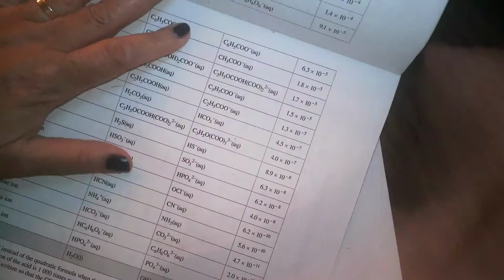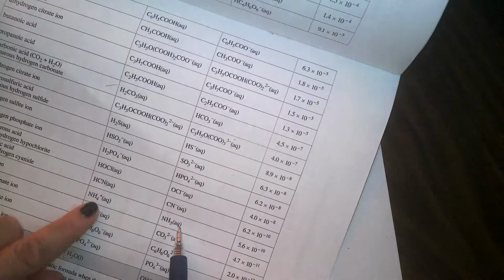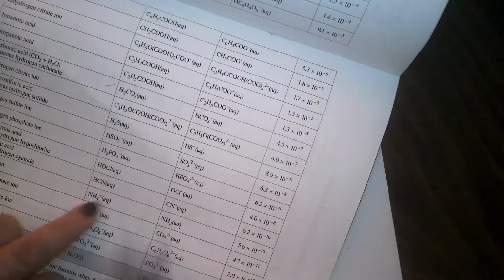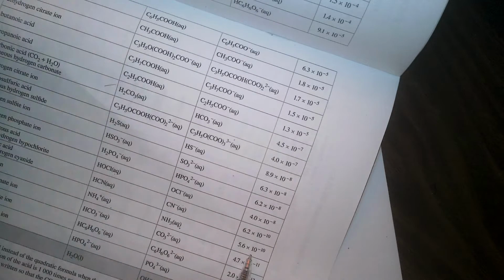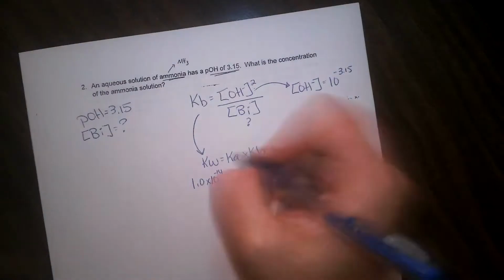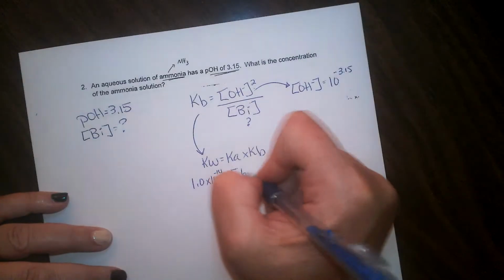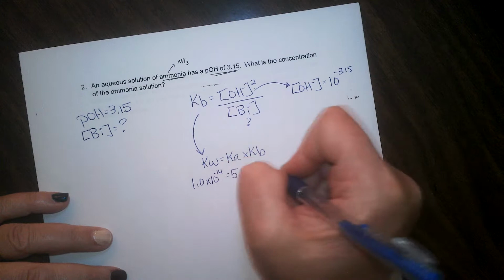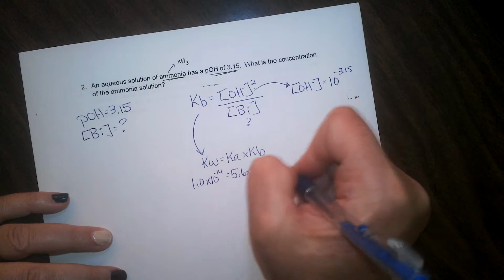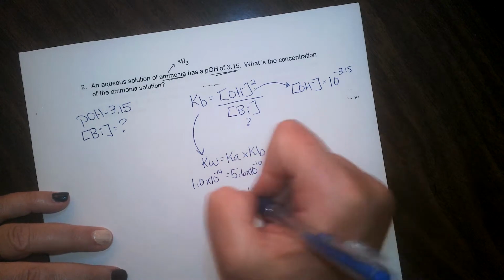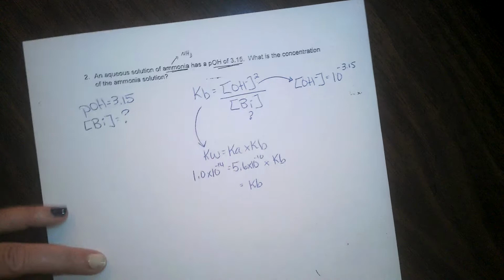Yeah, so we're going to look here and we're going to use the Ka value for NH4 plus, which is 5.6 times 10 to the negative 10. So then my Kb value is what?